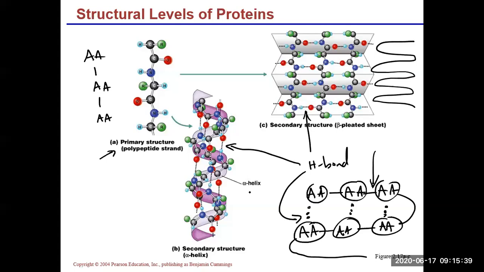Alpha helix is another secondary structure. These are twisted like this. Again, these are amino acids, but you have hydrogen bonds as well. You can Google it to see the three-dimensional structures. This is just a ball and stick form, but there are many different ways of showing it.